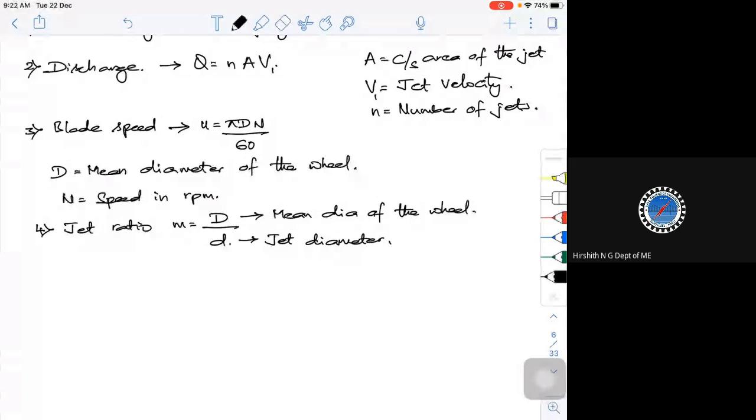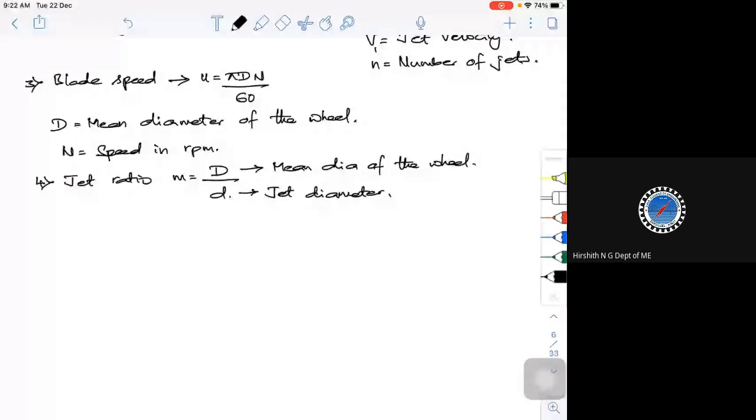What is the number of buckets or number of vanes of the Pelton wheel? We have a simple formula, which is given by Z is equal to jet ratio by 2 plus 15.